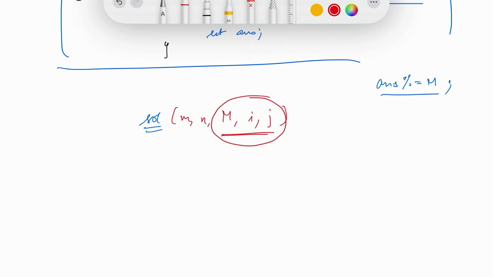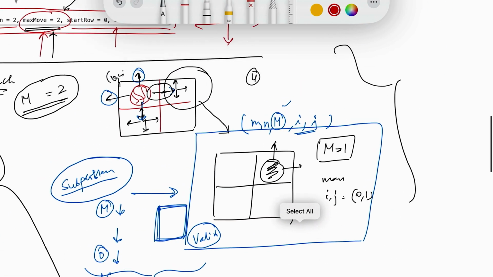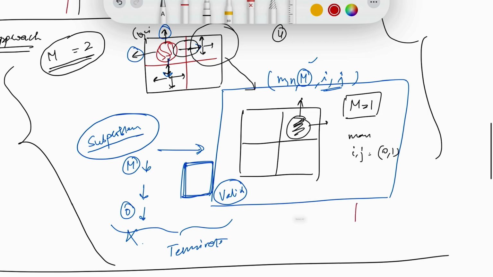It means at any instant of the call, these three values can get repeated in our overlapping subproblems, because it is possible that we are moving to the same value of i, j after different permutations where we have a similar value of M. So the combined set of these three values will get repeated among our recursion calls.